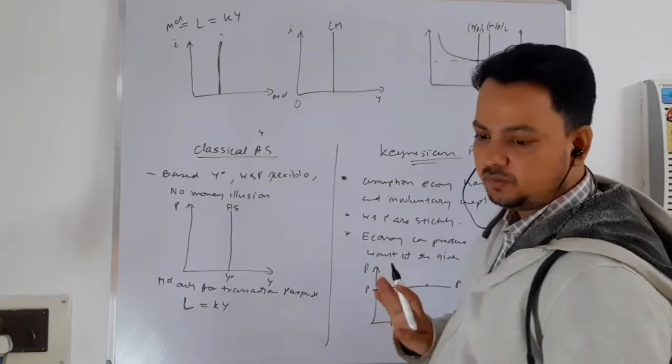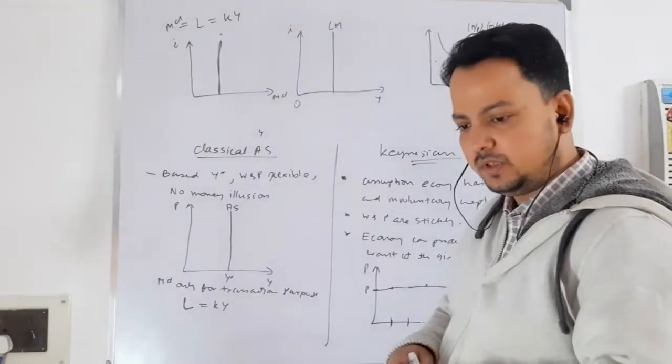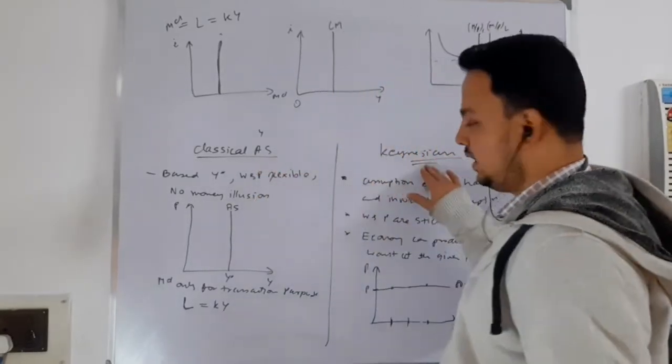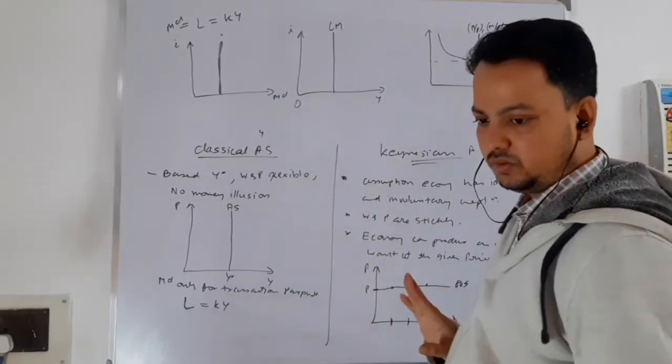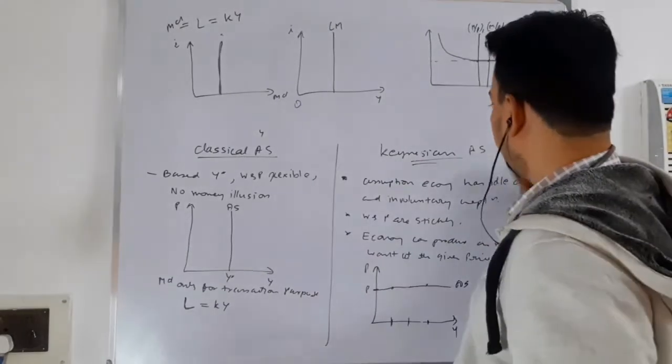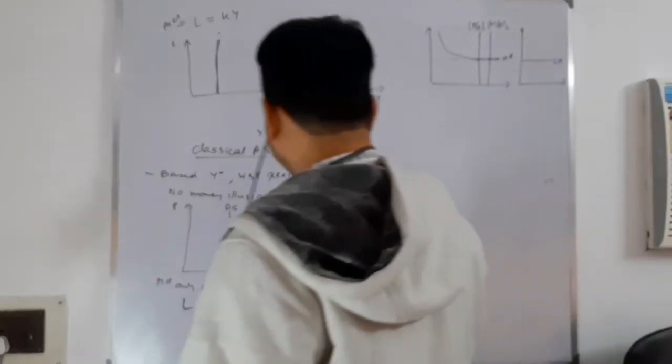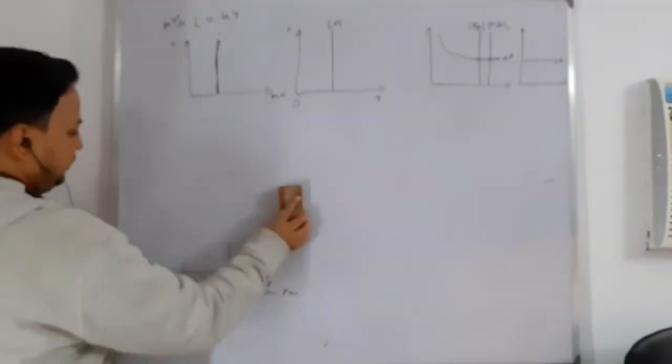I am doing this because tomorrow I am going to use this one. That is why I am providing the background also, and the focus will be here, but I will be discussing this part also. Then tomorrow it will be much easier. Now let me introduce aggregate demand. First I am talking about the classical case.